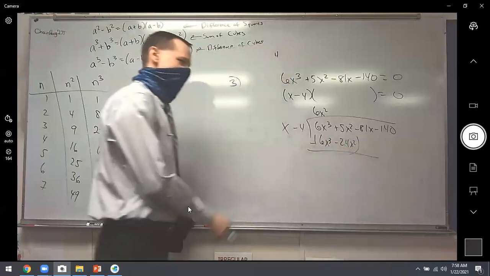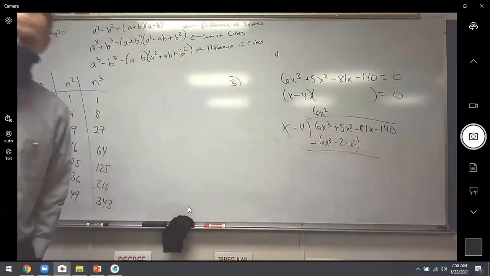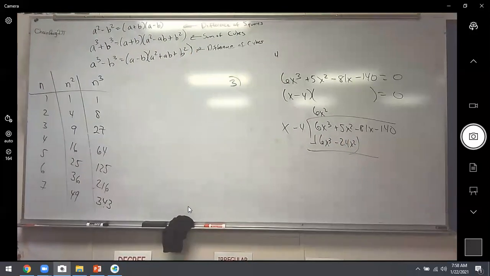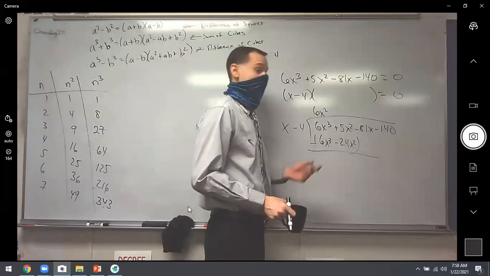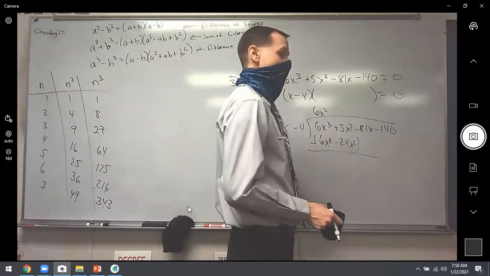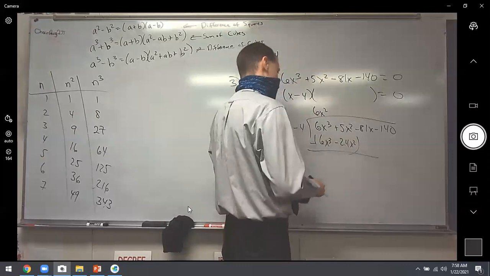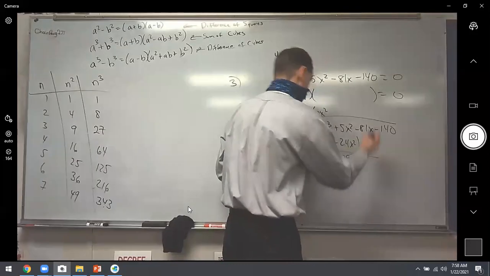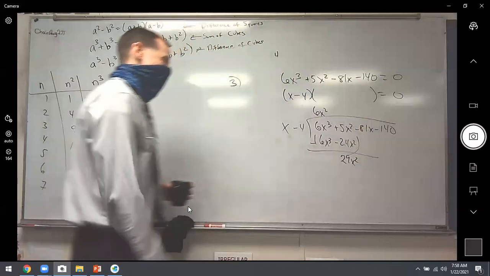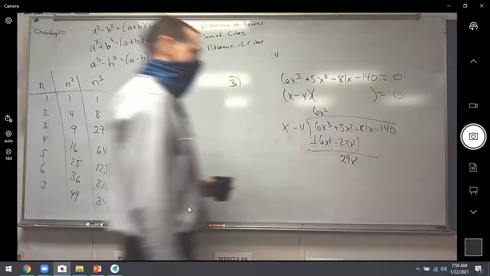And really watch the minus negatives. I'm sure you're seeing your own errors as you do them. You need to rely on a calculator, type in 5 minus negative 24 to get the answer, because I'd rather you get it right than try to do the mental math. But you should know that 5 minus negative 24 is 5 plus 24, which is 29. So there's 29x squared after that subtraction.